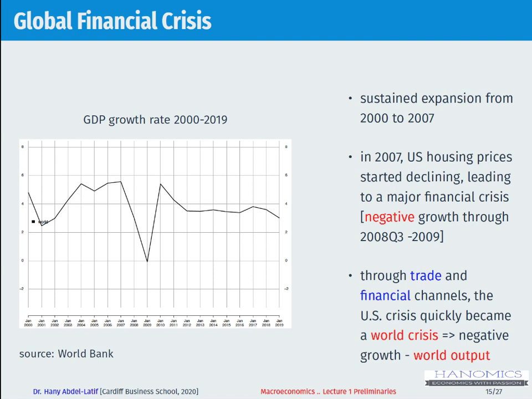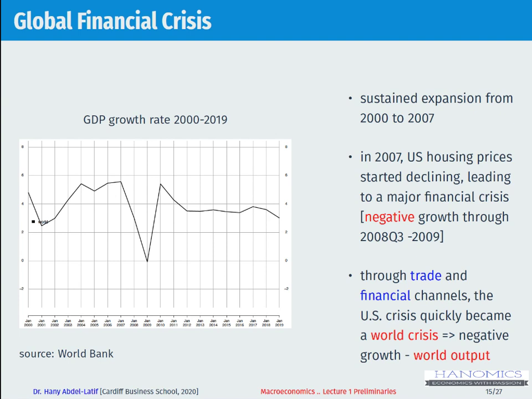These two types of links caused the crisis that happened in the US, the shock that happened in the US, to become a global crisis. So basically it affected other countries in the world.